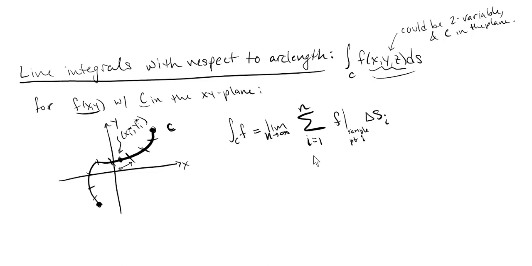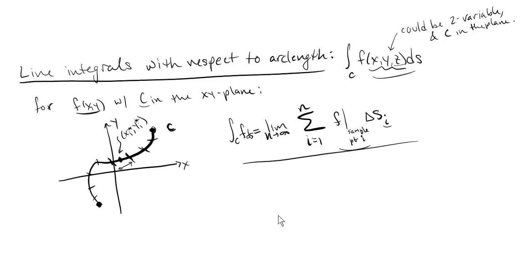These little pieces of arc length might differ, so I'm labeling this the ith one. This is how we actually define this ds line integral. You could have 3 variables or 2 variables. That's why I didn't write f of xi star yi star, because maybe it's got a zi star in there too. This definition works for both 3D and 2D.